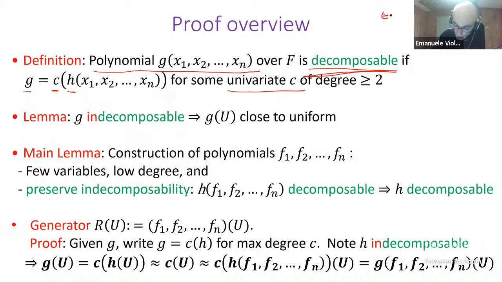For example, if my G is the sum of the xi's squared, this thing is obviously decomposable. This is maybe the simplest example possible.